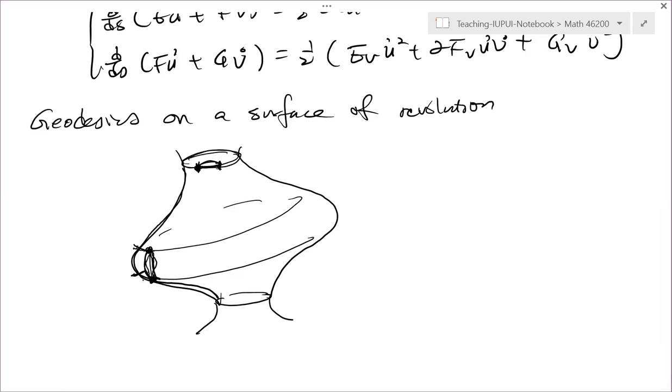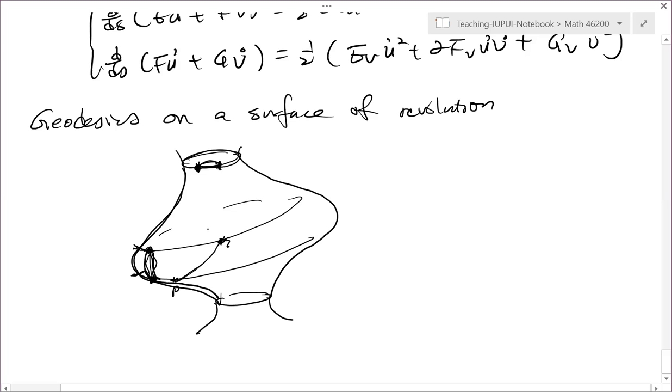But on the other hand, there are plenty of geodesics. Take 2 points, right? If you are able to find the shortest path, then this must be a geodesic. The question is how do you find the shortest path from P to Q?